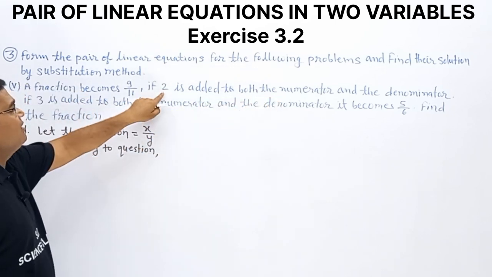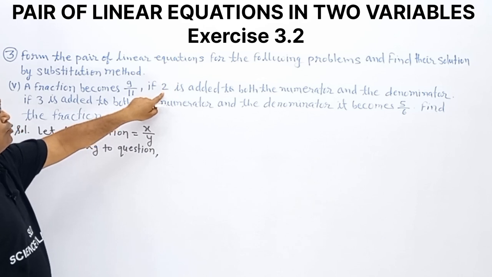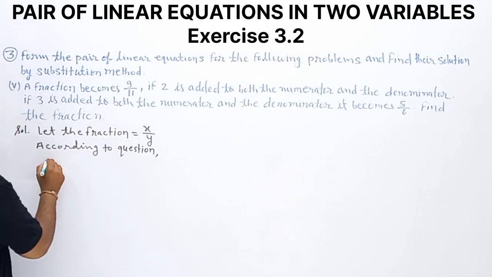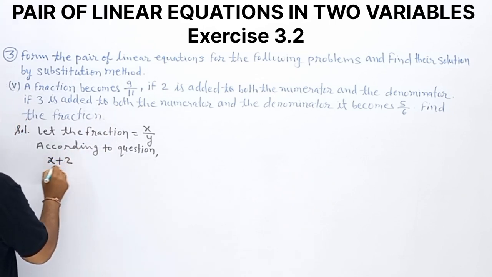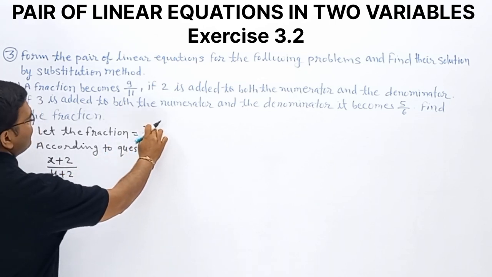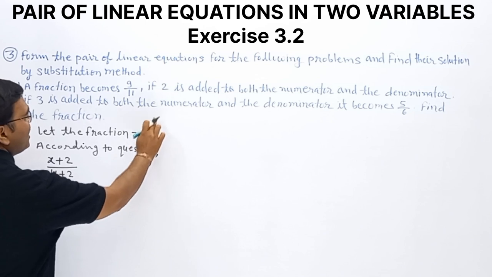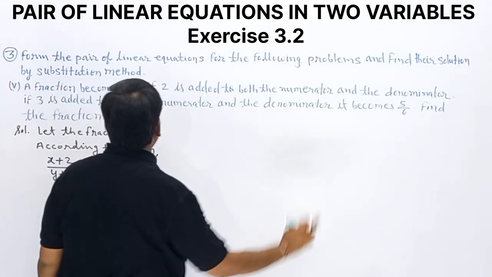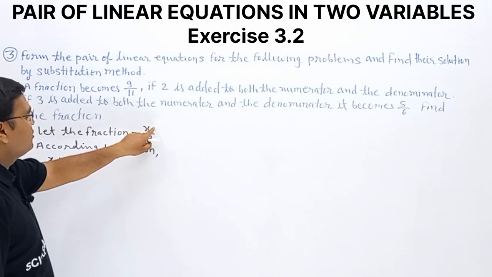Once we add 2 to both numerator and denominator, the fraction becomes 9 upon 11. So this can be written as (x plus 2) divided by (y plus 2), since we assumed the fraction as x upon y and we are adding 2 to both the numerator and denominator.